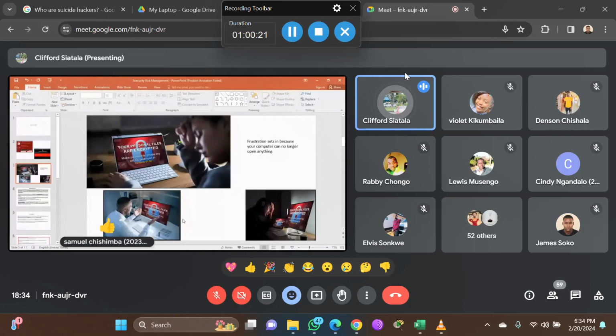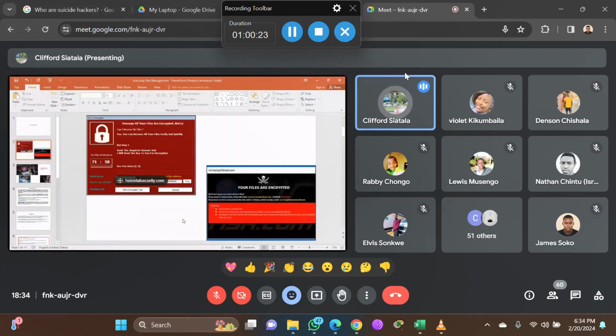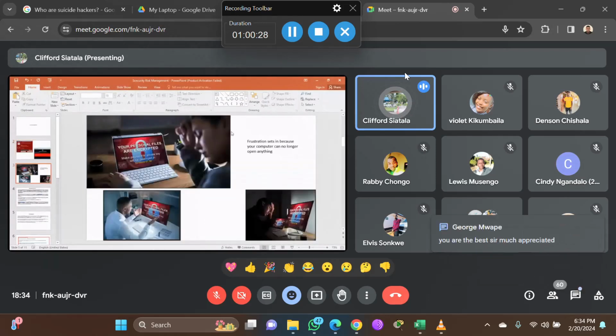If no question, this is a picture of how it looks. It may not look like this, but that's how it looks when you are hacked by ransomware. Once it gets onto your network, you will not know.